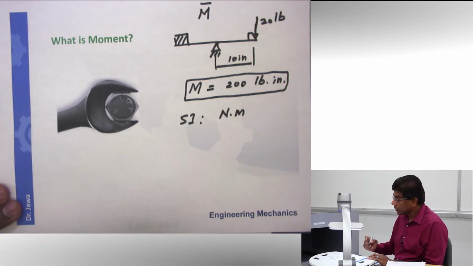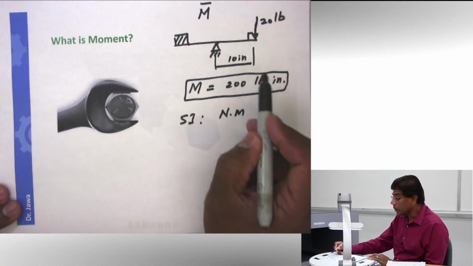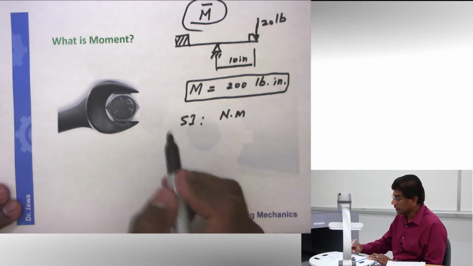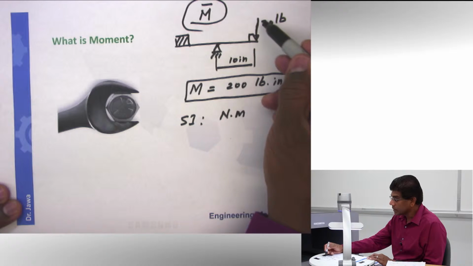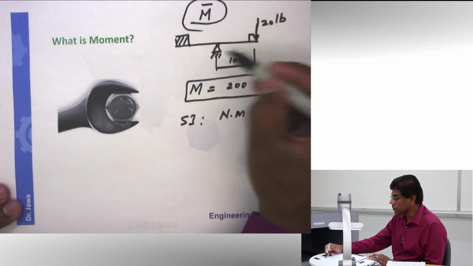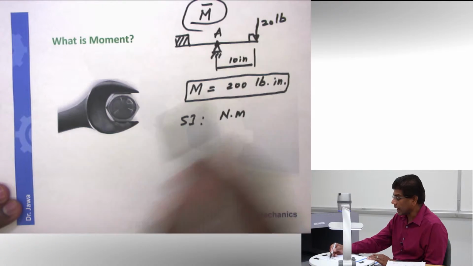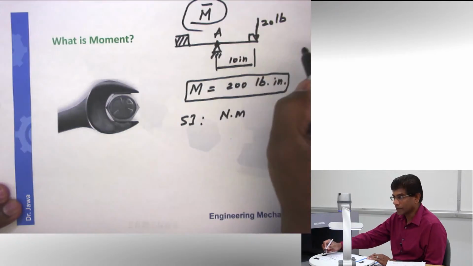All right? So you know how to calculate moment, but moment is also a vector, as I mentioned. See that? It's a vector. If it is a vector, that means it has a certain direction. In this case, the tendency of this force is to rotate this about this point, say A, all right? And the tendency to rotate is clockwise.